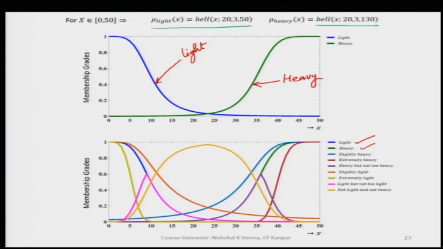When we are interested in slightly heavy, which we have obtained by dilating heavy, we have simply taken K is equal to 0.5. So, you can see here, this is the dilation of heavy.